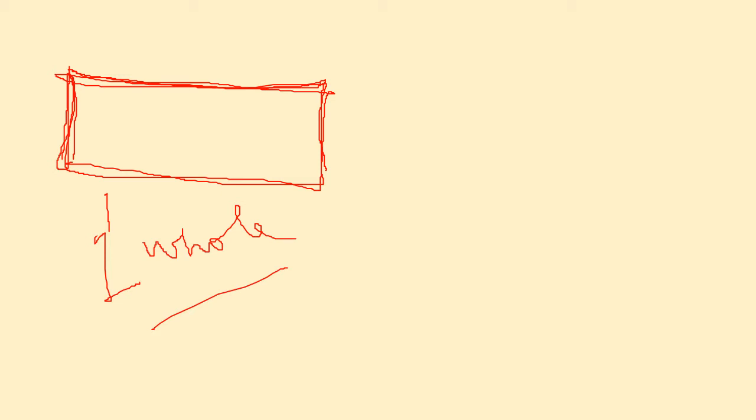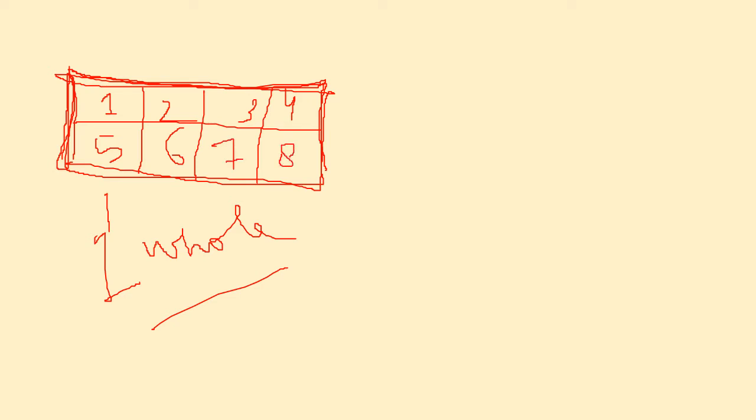We are going to divide it into 8 equal parts. I know they don't seem like they are equal, but please imagine that they are equal. So we are going to divide: 1 2 3 4 5 6 7 8.